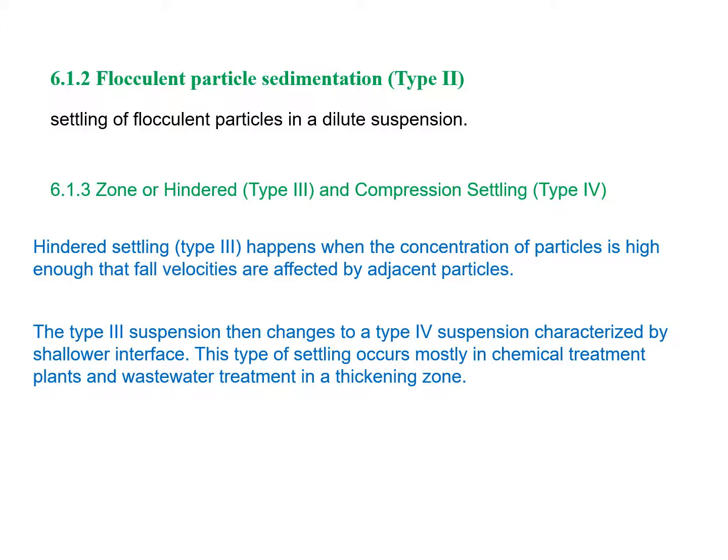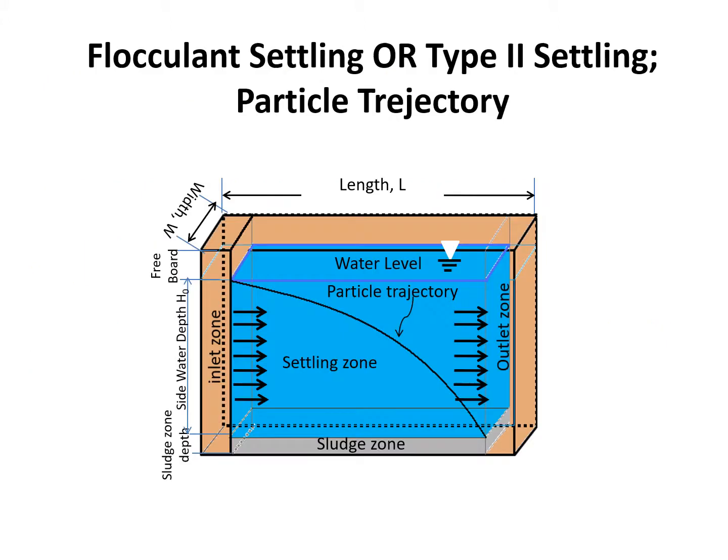This type of settling occurs mostly in chemical treatment plants and in the thickening zone of wastewater treatment plants. So we can say that these are for wastewater, that is, for the sludge blanket. As the sludge blanket goes down, it captures all of the particles, and the particles as a cloud sink to the bottom of the tank.